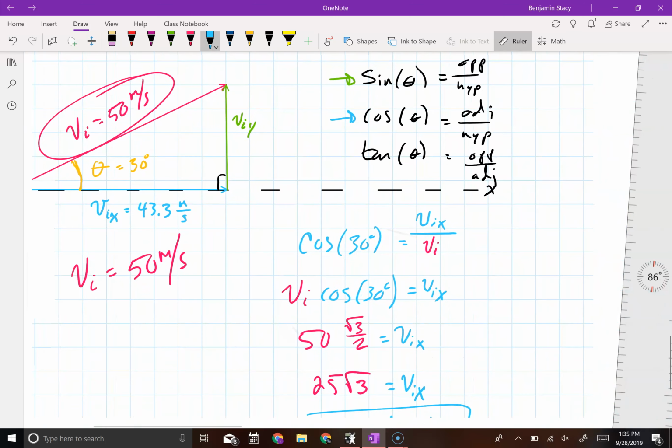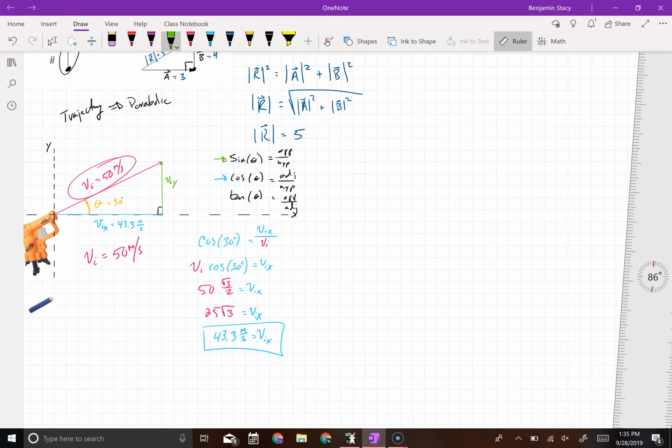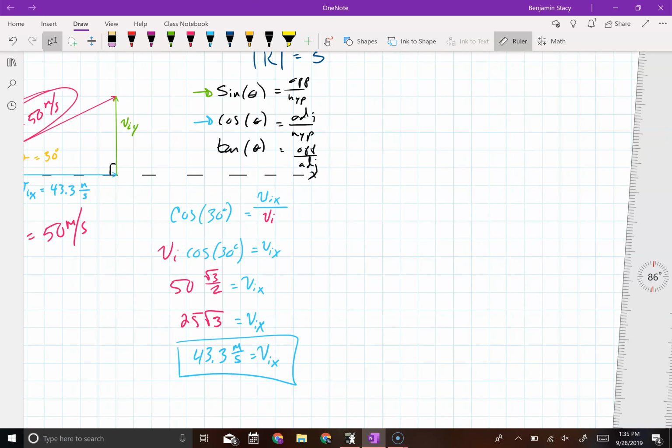We can do a similar thing for our vertical component in green. We said the sine function is going to be the one that's relevant since the side is opposite the angle. So sine 30 degrees equals VIY, the opposite side, over our hypotenuse, which is the initial velocity. Rearrange it, solve for what we want.